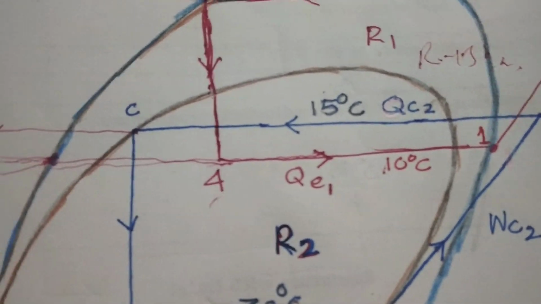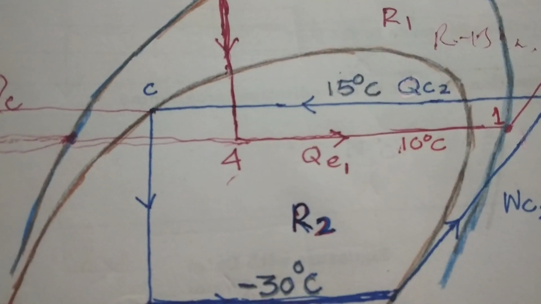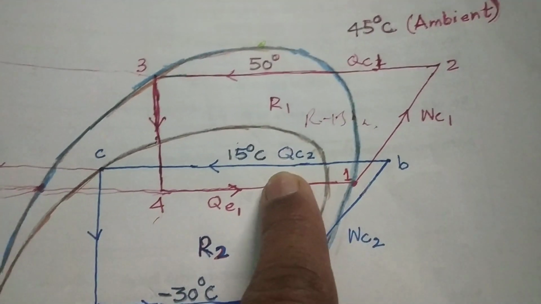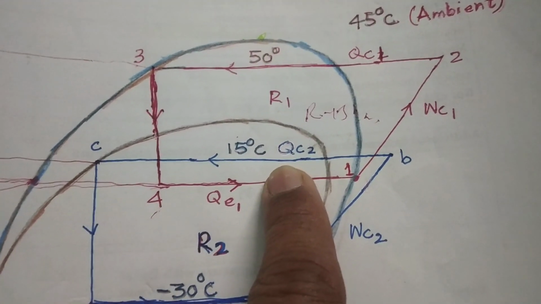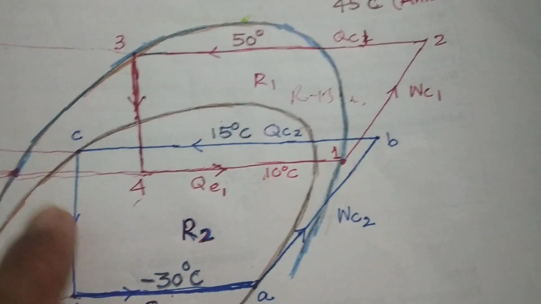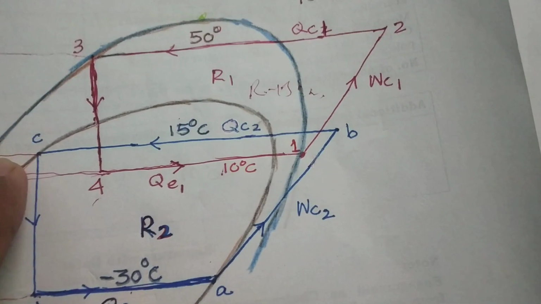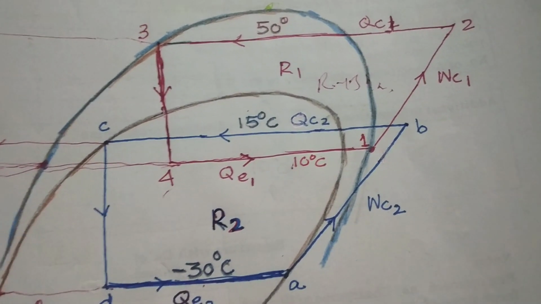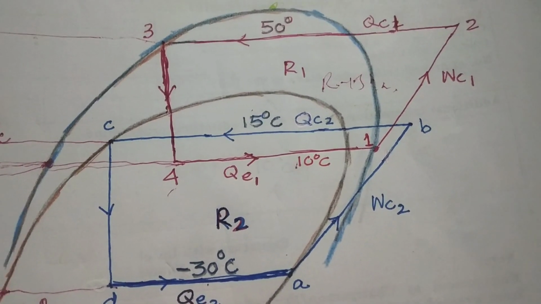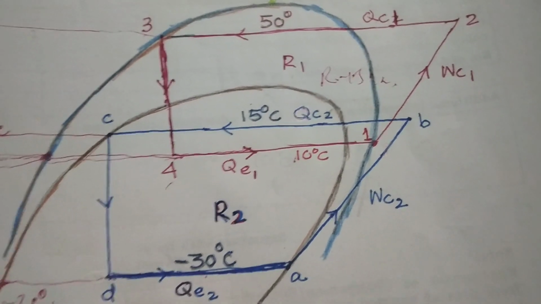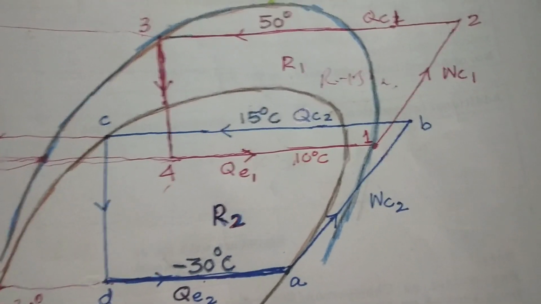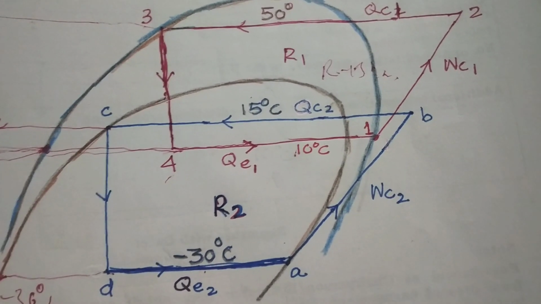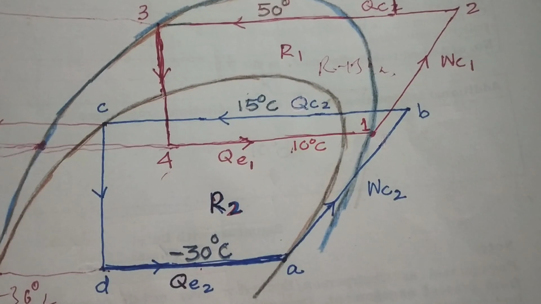I repeat, when the condenser of vapor compression system R2 is set at 15 degrees centigrade, what will the condenser do? The condenser will reject heat to a space which is lower than 15 degrees centigrade. So if the surrounding temperature is 20 degrees centigrade, it will not be able to reject heat.